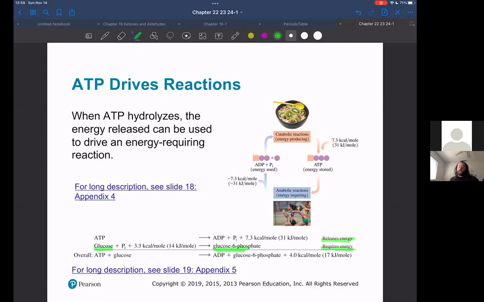Reactions don't occur unless they're energetically favorable, unless they release energy. So if you want to do something complex that requires an input of energy, for example synthesizing a protein or this simple reaction here, you have to pair it with a more favorable reaction. This reaction that the cell uses over and over and over again is the hydrolysis of ATP.